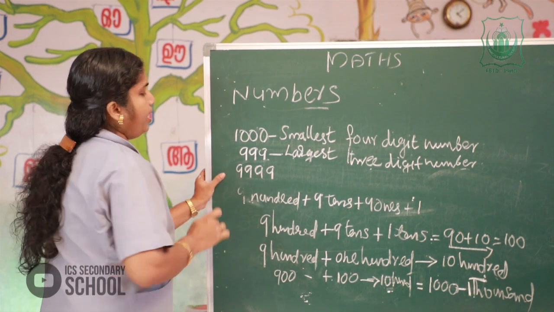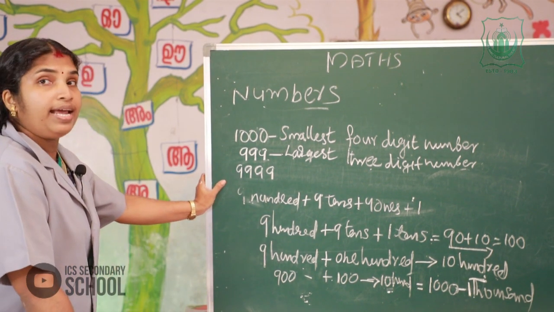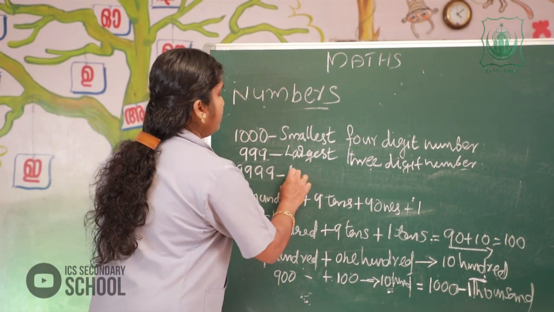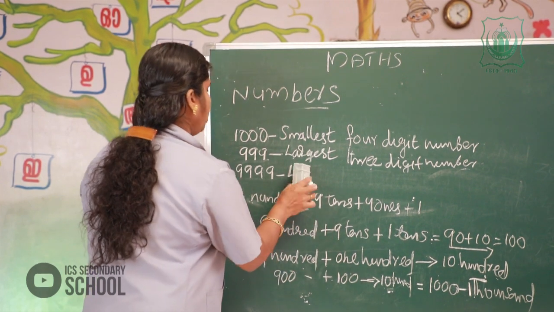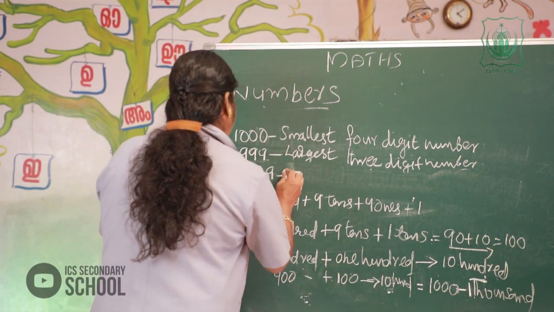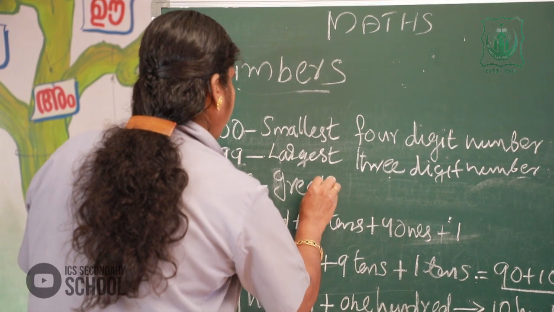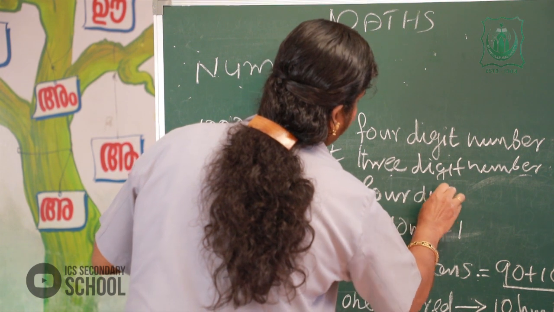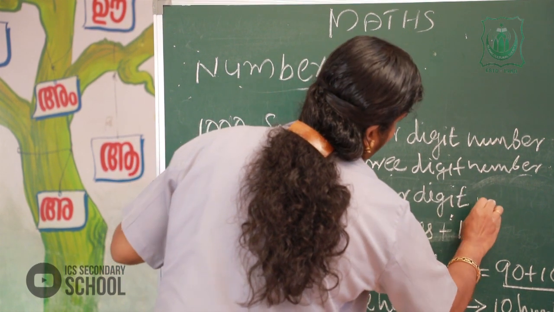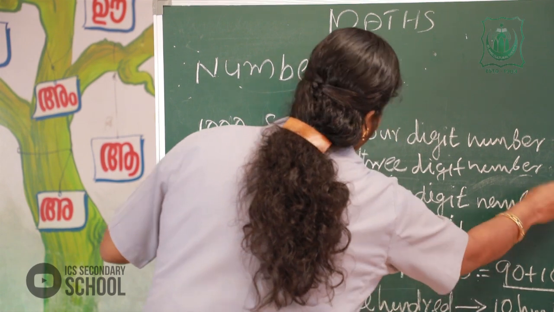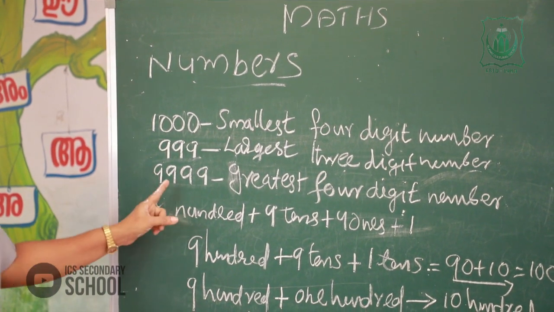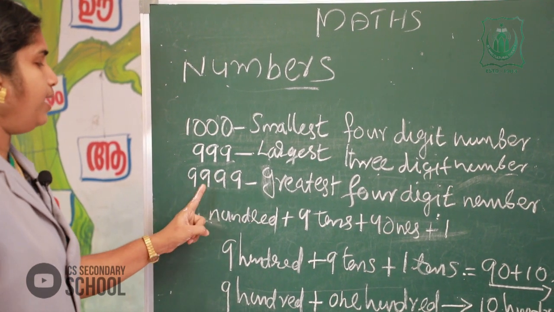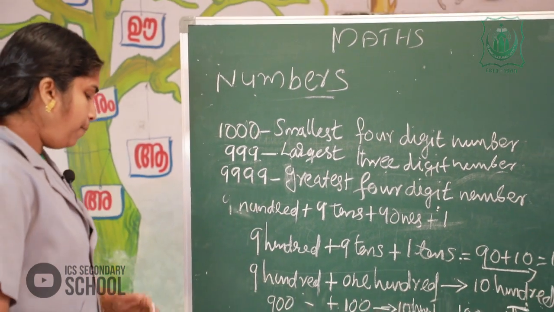The greatest 4-digit number is 9999. Largest or greatest 4-digit number is 9999.